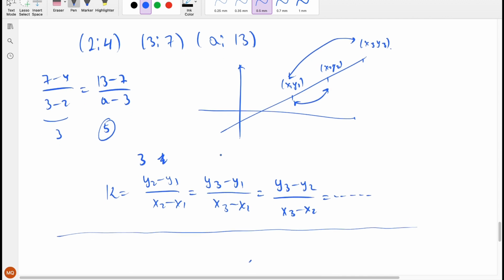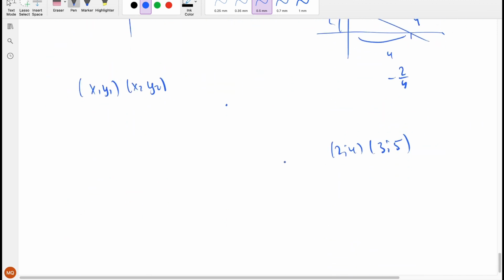But you have to take one point as the x-intercept and one as the y-intercept. I am showing it to you. Let's say the y-intercept is 0 and y, the x-intercept is x and 0.